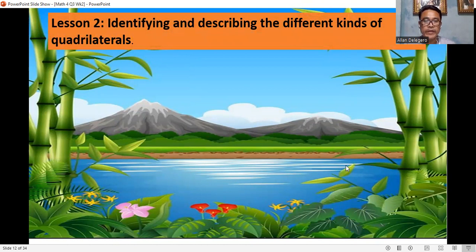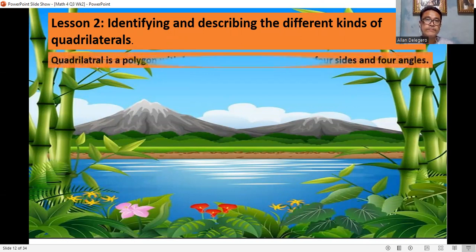Polygons are everywhere. They have different sizes, shapes, and number of sides. In this lesson, you will learn how to identify and describe the different kinds of quadrilaterals. A quadrilateral is a polygon with 4 vertices, 4 corners, 4 sides, and 4 angles.